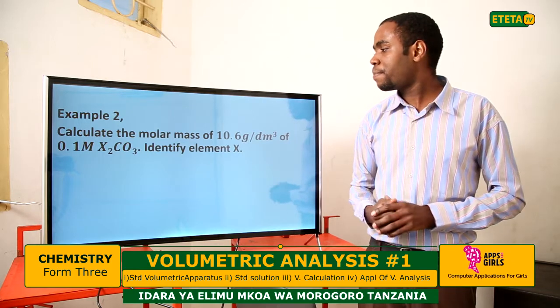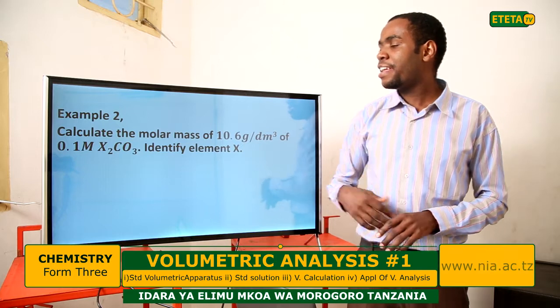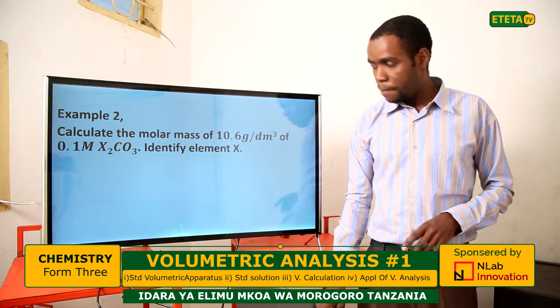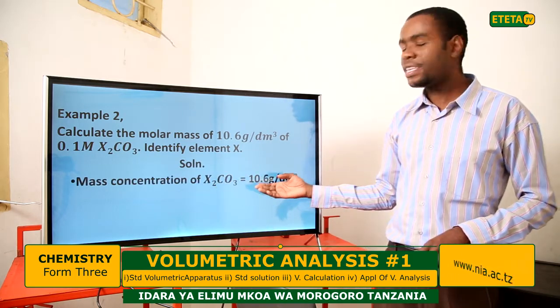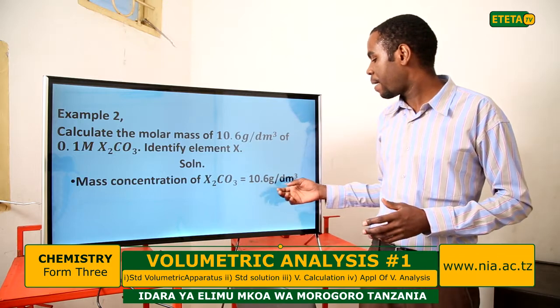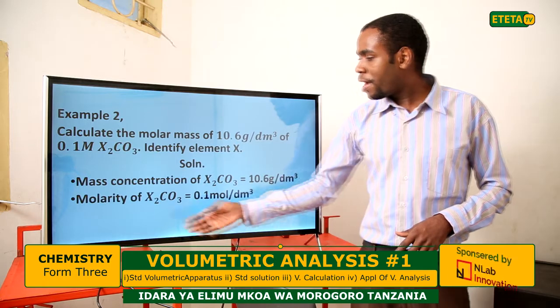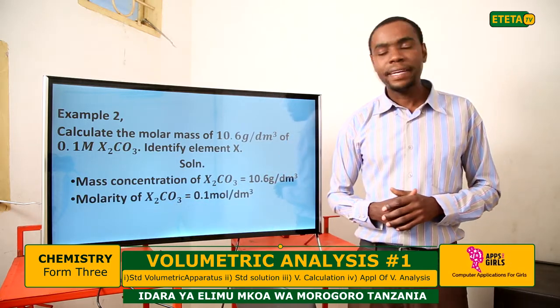This question is very simple, as you have here a mass concentration and the molarity. It is very possible to obtain the molar mass. Now, solution. Mass concentration of X carbonate is 10.6 grams per decimeter cube. Molarity of X carbonate is 0.1 mole per decimeter cube.